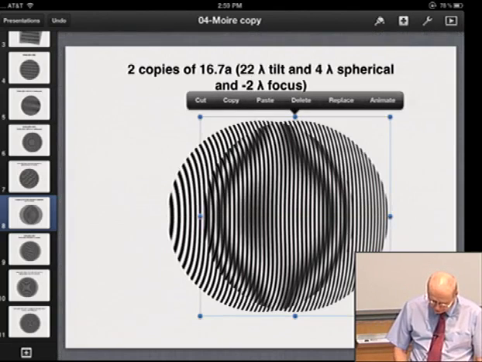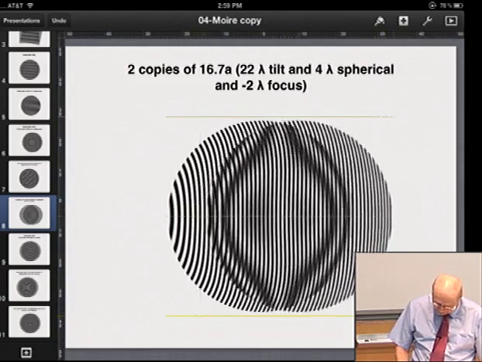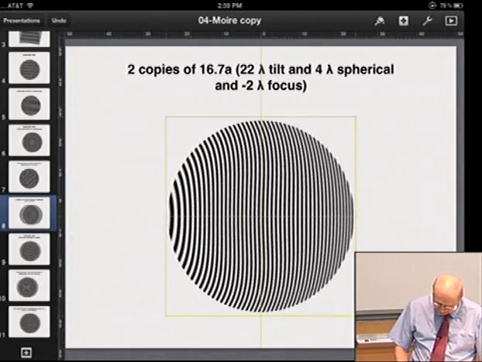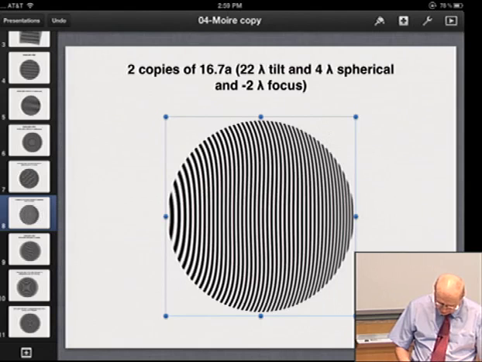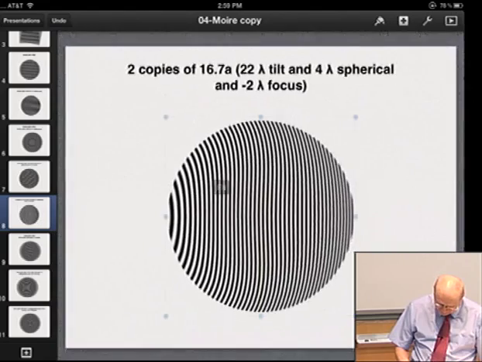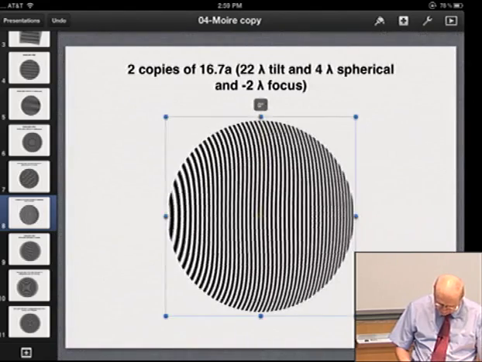So this would be like a shearing pattern. So this is spherical, and the shearing pattern gives something that looks like coma. Get the derivative. And put them right together. Of course, they cancel out. If I rotate, I get tilt.